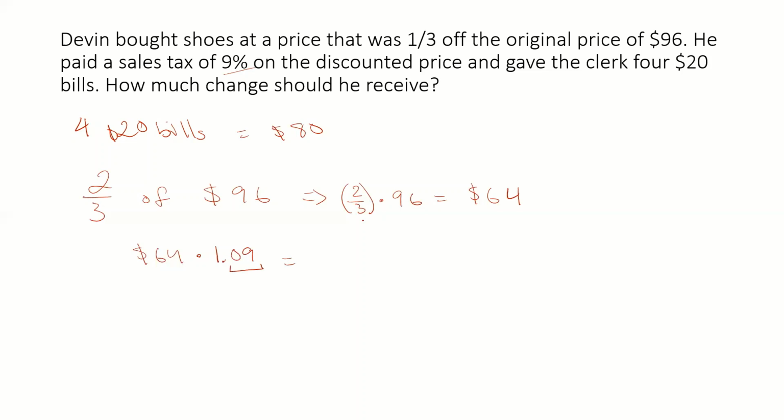I'm going to put that in my calculator real quick. And you're going to get the price of 69.76. So if Devin paid $80 and the cost of the shoe was 69.76, then he should be getting back $10.24.